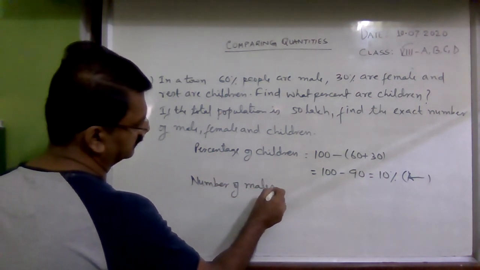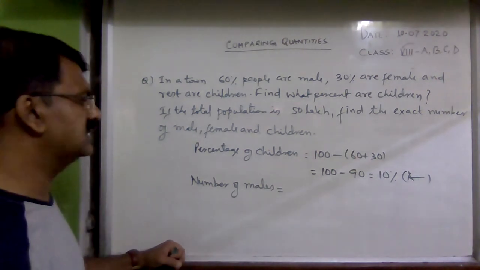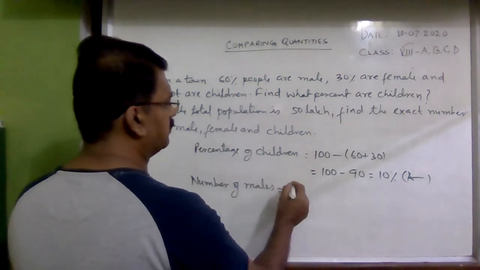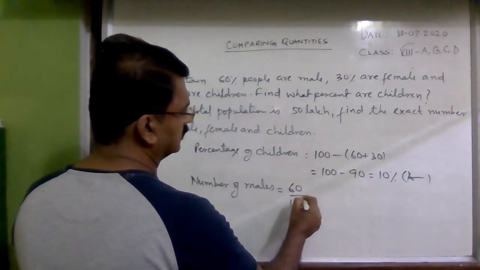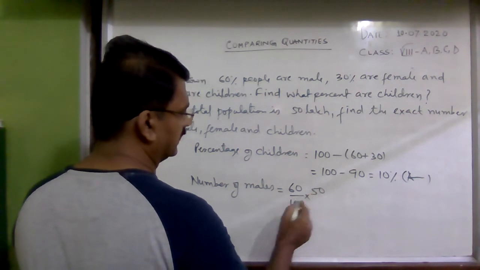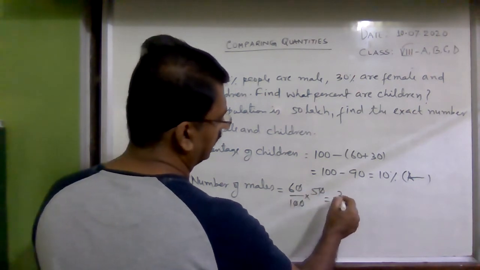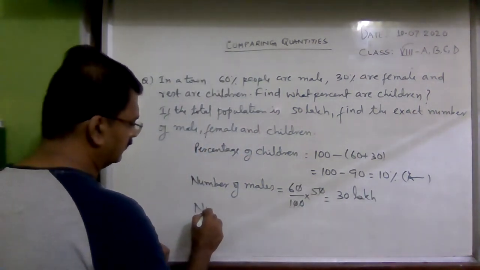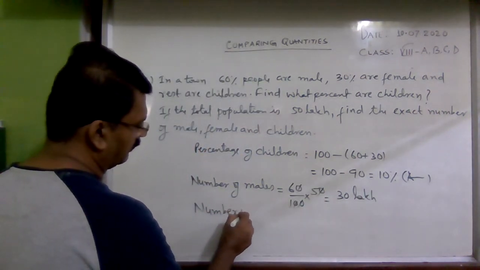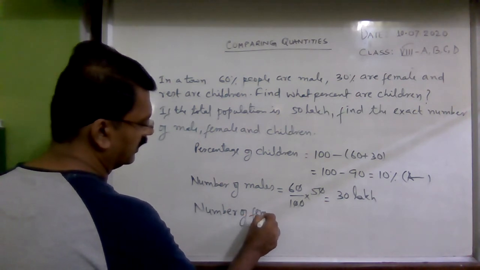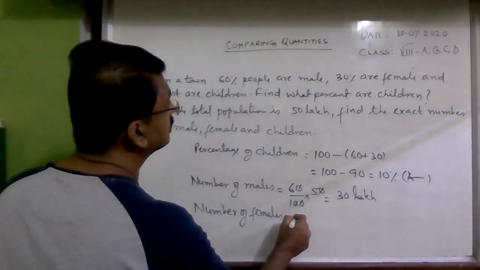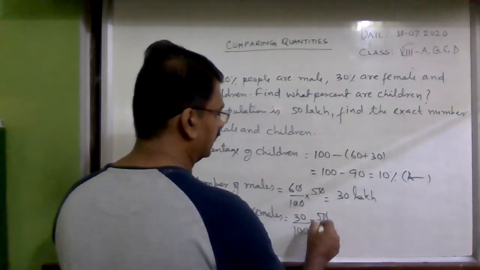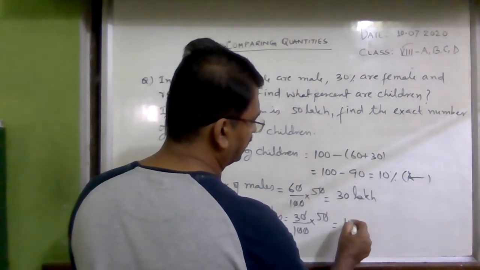Now, number of males. Number of males, 60% of 50 lakhs. So when you solve it, the answer will be 30 lakhs. Number of females, 30% of 50, that is 15 lakh.